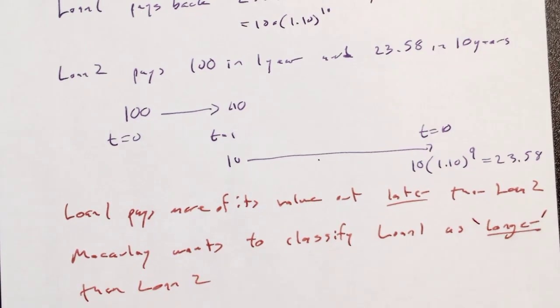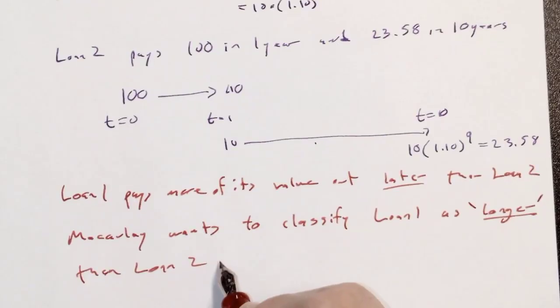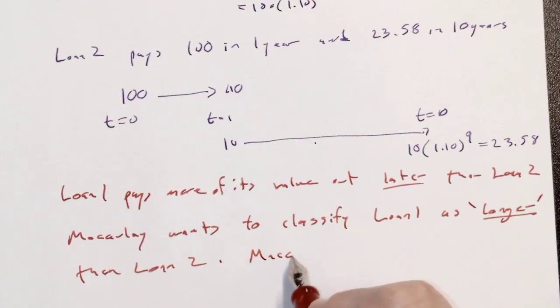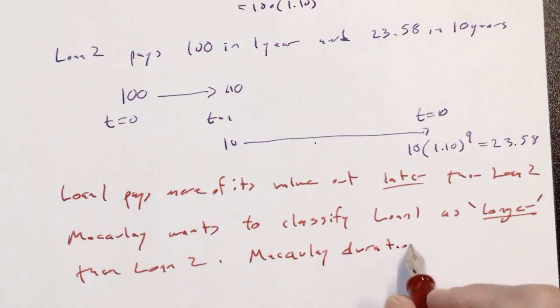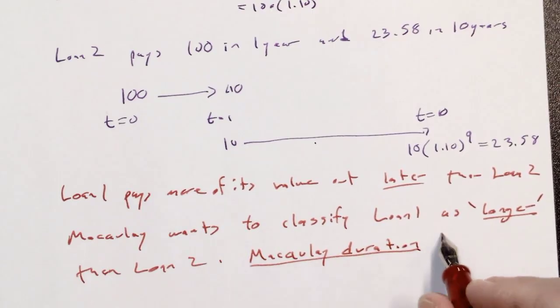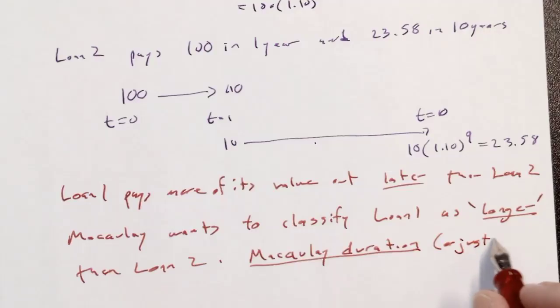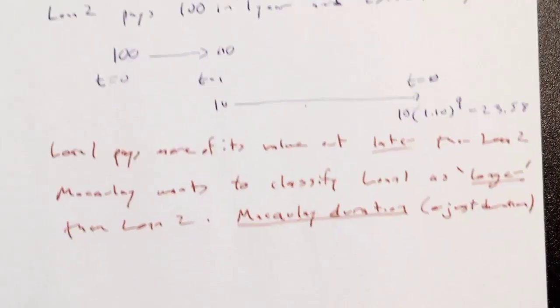Now, this idea of longer is called the Macaulay duration, or just the duration of our loan.